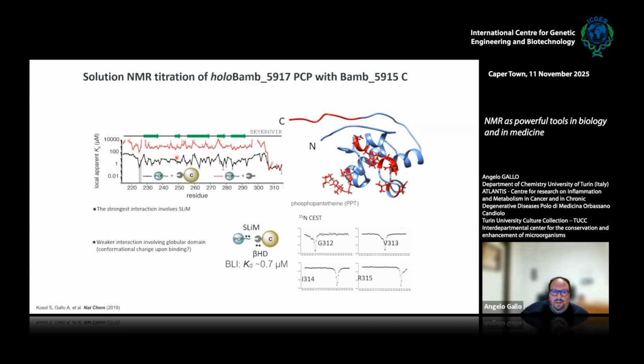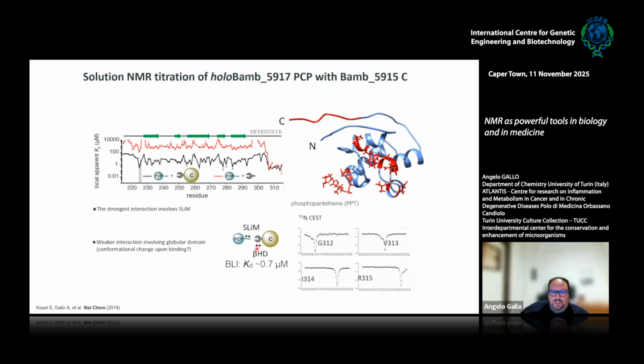As you can see, globally, the entire protein is a bit affected, but at the same time, the highest change is in the C-terminal. I reported here in red the residues that are interacting with the protein. So you can see that there is the phosphopantetheine arm, and there are a lot of residues in the so-called hydrophobic core. This is not so strange in this case, but we will see later.